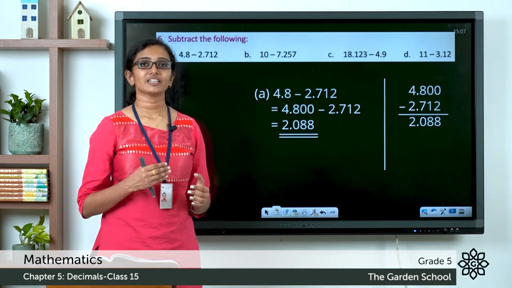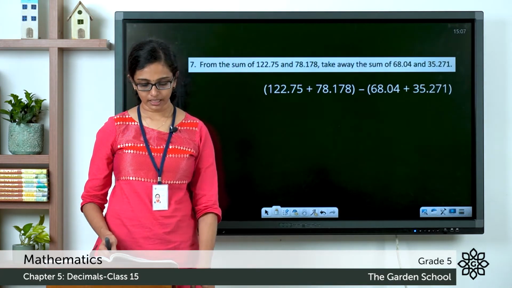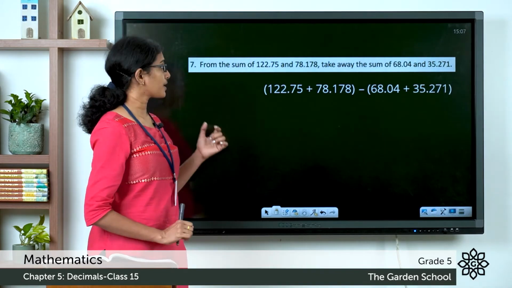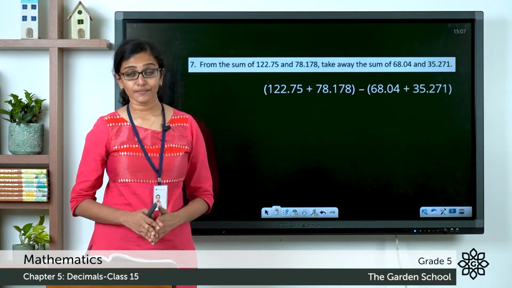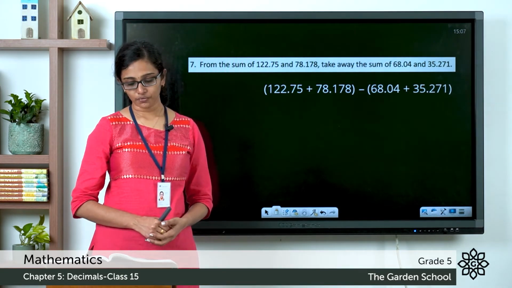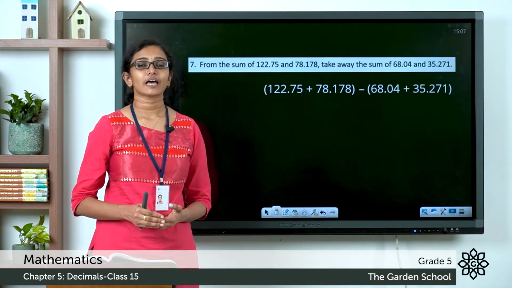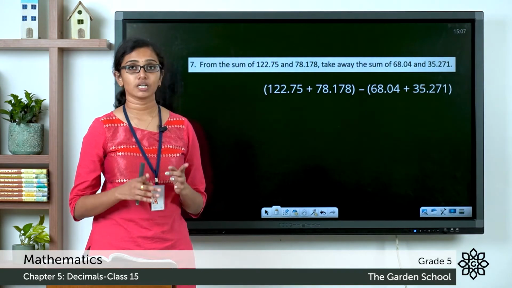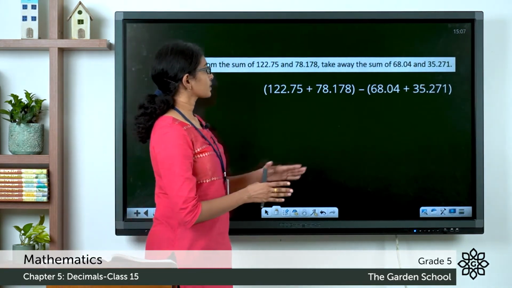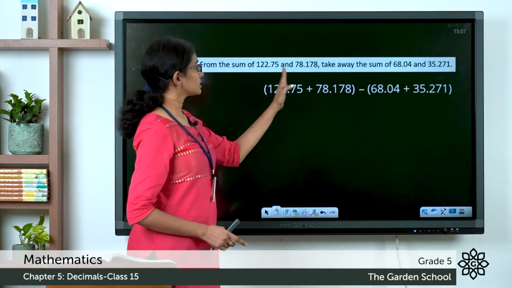Let's proceed to the next question, which is question number 7. From the sum of 122.75 and 78.178, take away the sum of 68.04 and 35.271. So what is given in the question? You are asked to subtract or take away the sum of this from this.